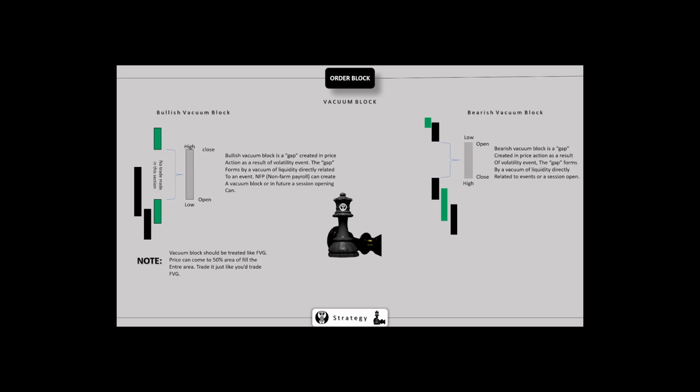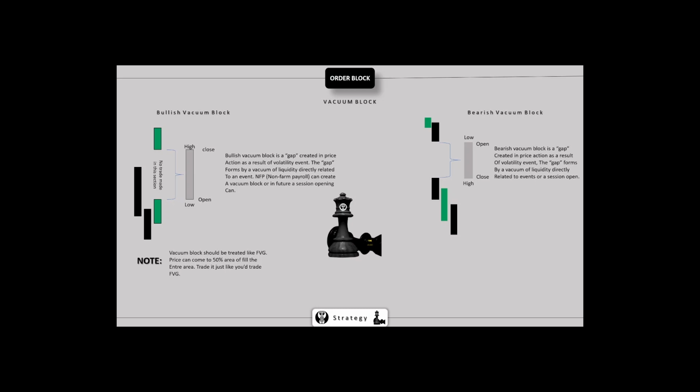And these gaps are not special. They can just be traded like you are trading the FVGs. You can trade the FVGs at the 50%, and some FVGs are always closed entirely before the price moves higher or lower, depending on which type of trades you are looking at. So the same way you are trading FVGs is the same way you will be trading the vacuum blocks.